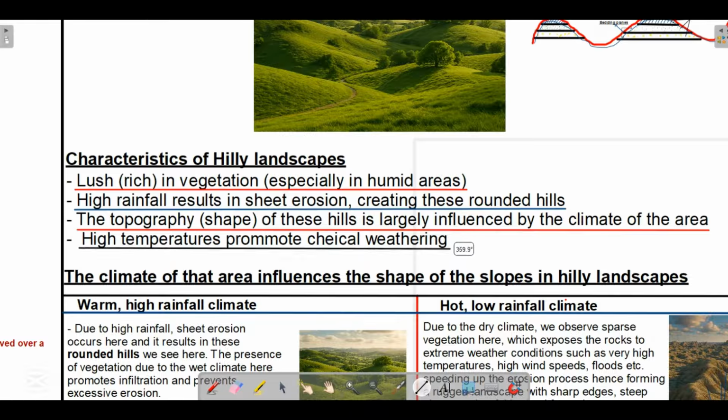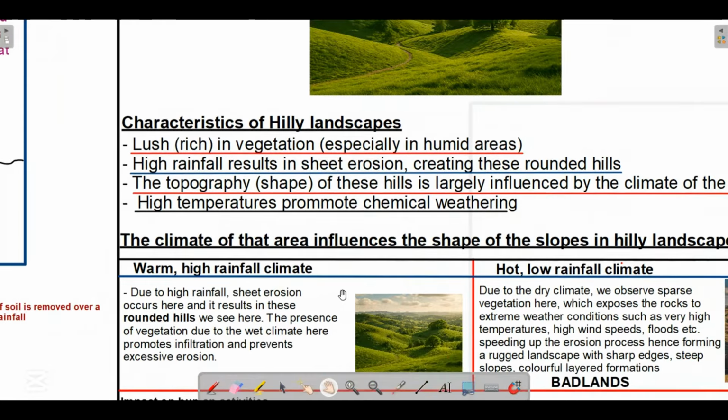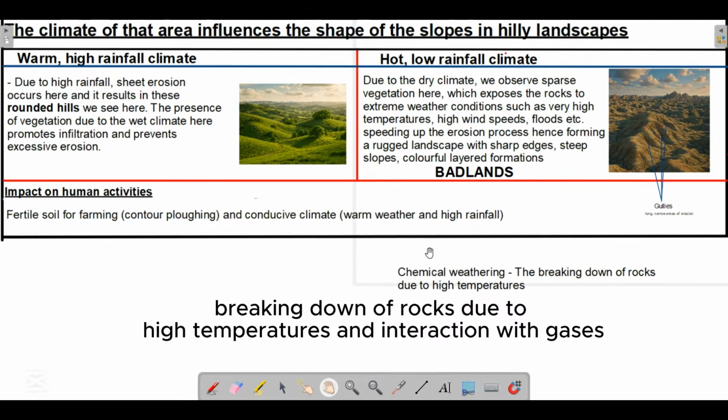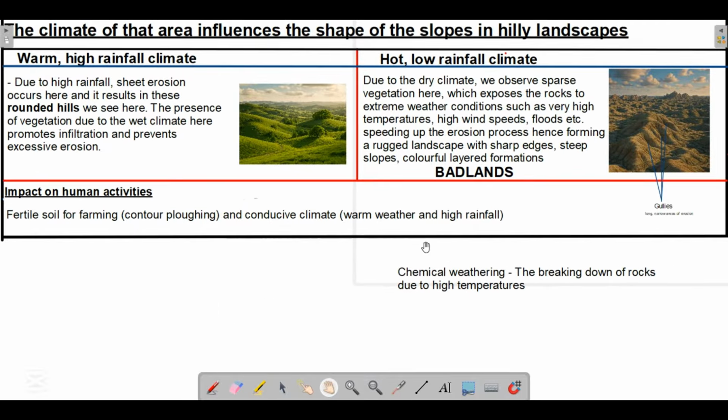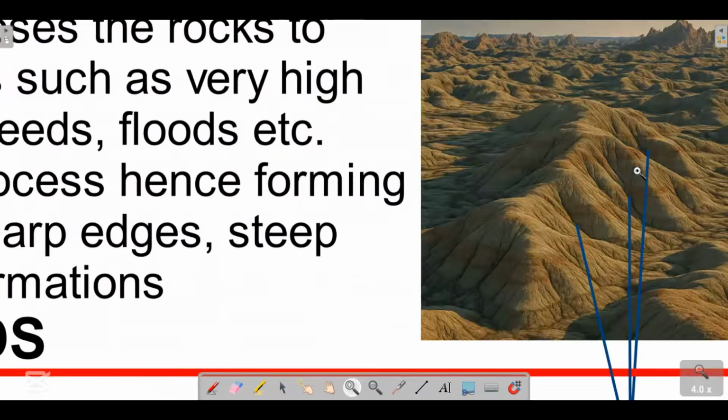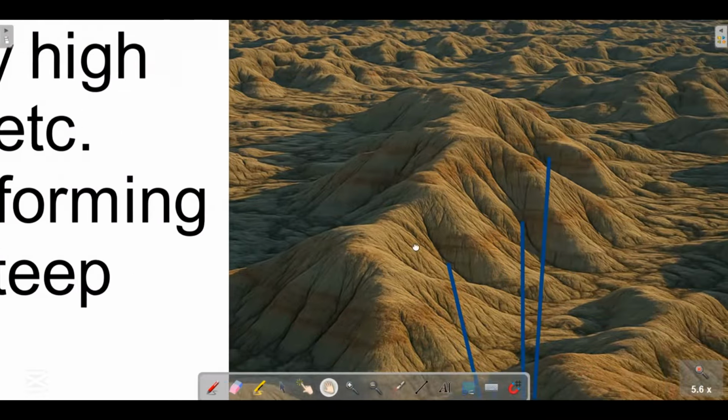And high temperatures promote chemical weathering. Chemical weathering is simply the breaking down of rocks due to high temperatures. So if you expose rocks to high temperatures, you're going to have mineral composition changing. You're going to see these types of shapes like this one. Look at this.